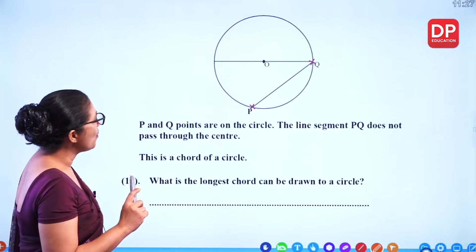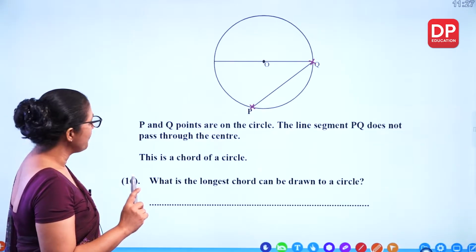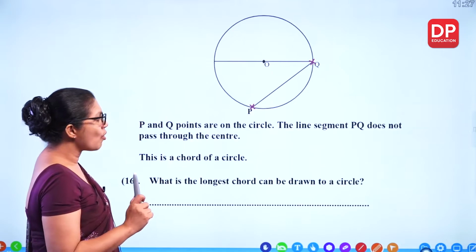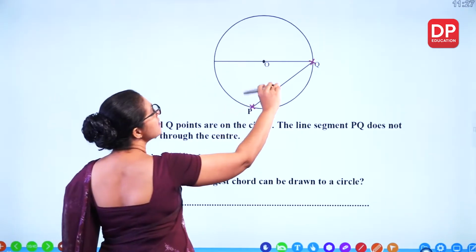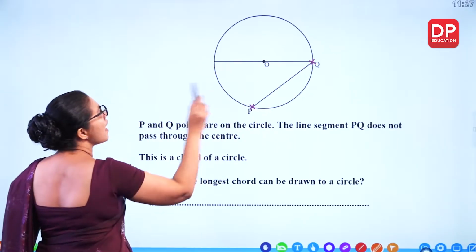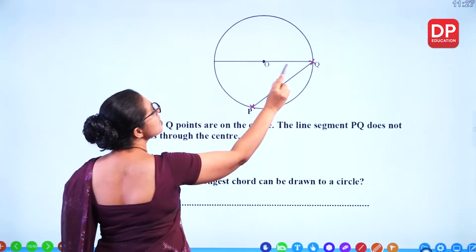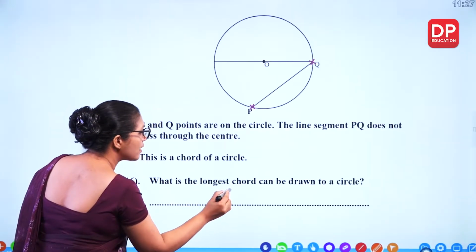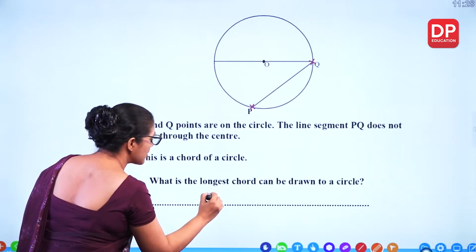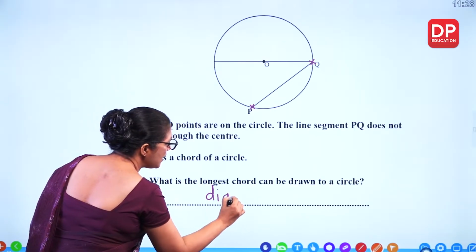So PQ is a chord. What is the longest chord that can be drawn in a circle? So the longest chord is the diameter. So it passes through the center. So we can say the longest chord that can be drawn in a circle is a diameter.